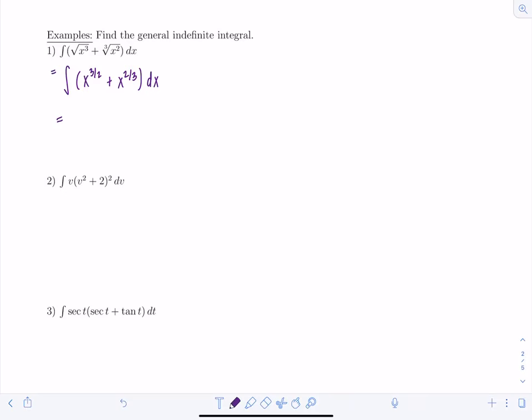I'm going to increase the exponent by 1, divide by the new exponent. So I'm going to have x to the 5/2. Dividing by 5/2 is the same thing as multiplying by 2/5, plus, and then 2/3 plus 1 is 5/3, so the coefficient's going to be 3/5, plus a c. All right, so that one's done.